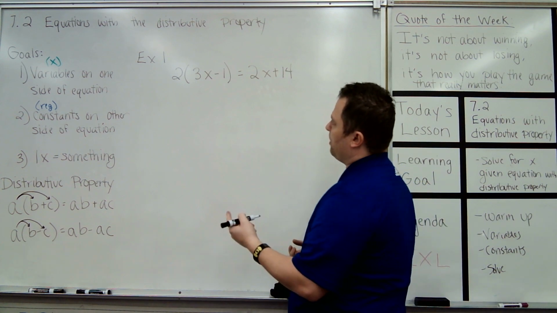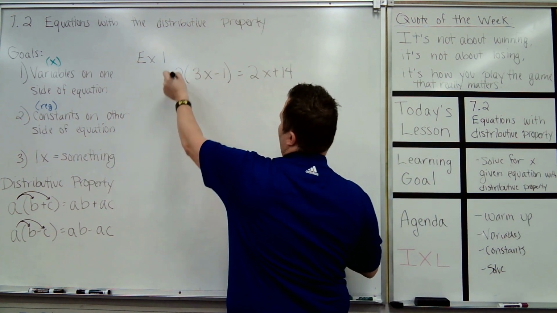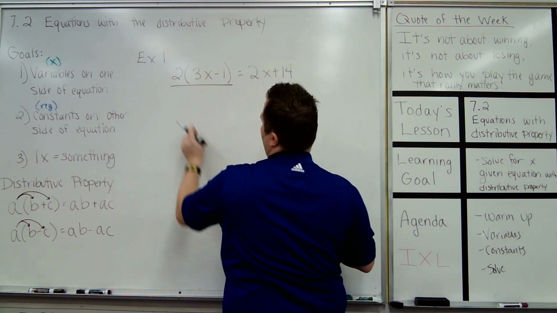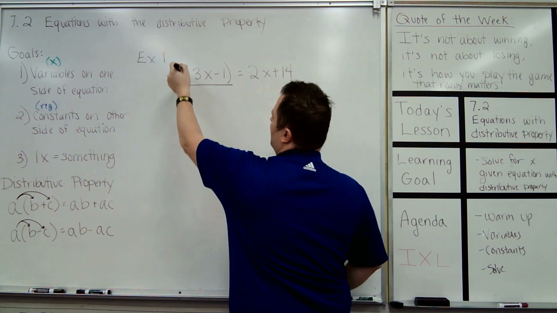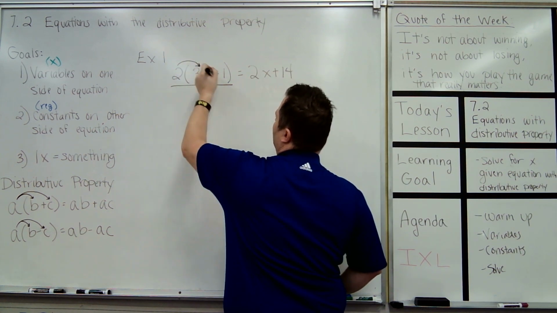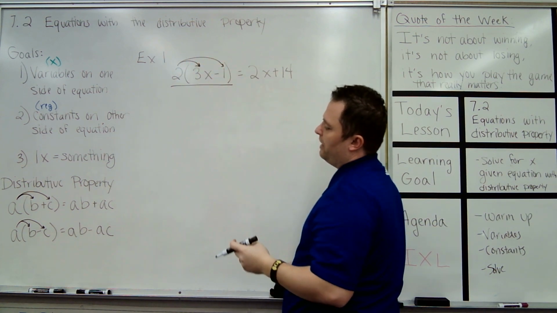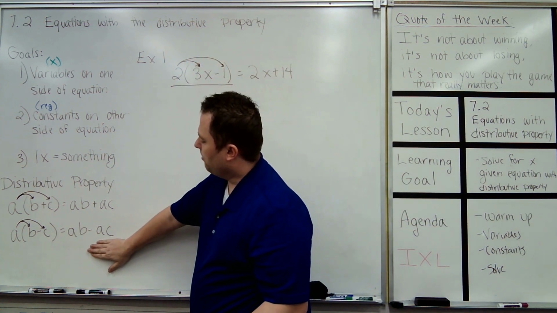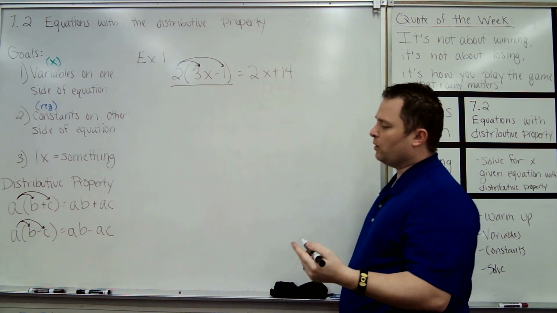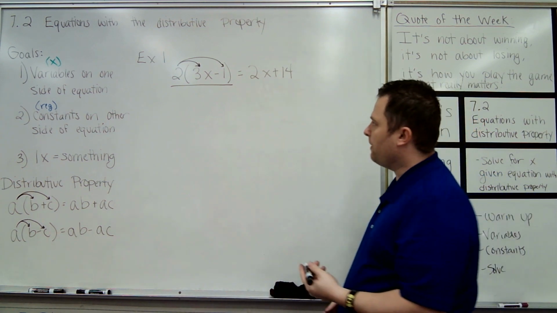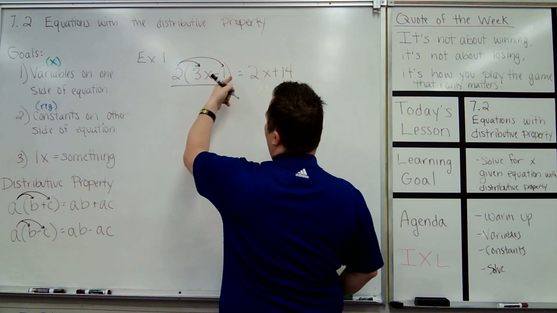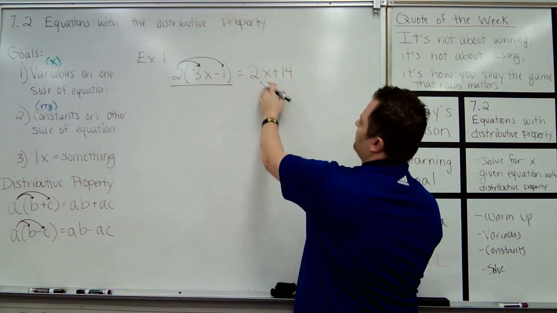Now, I'm only going to rewrite this section. I'm going to take the 2 times 3x and then take away 2 times 1, using the bottom half of the distributive property. It's one rule, but it applies to both positive and negative. Remember, I don't care what's happening over here yet.